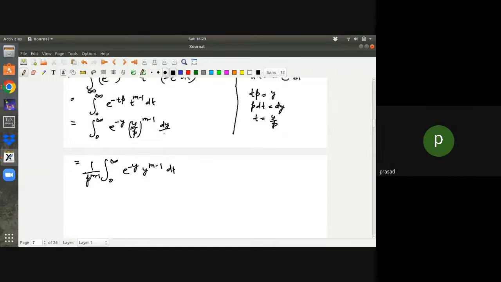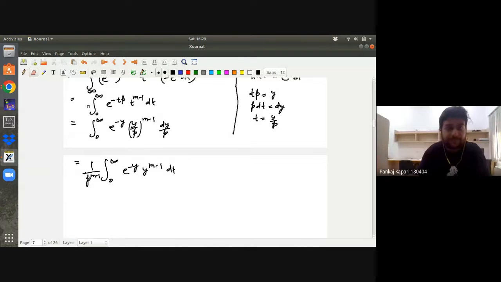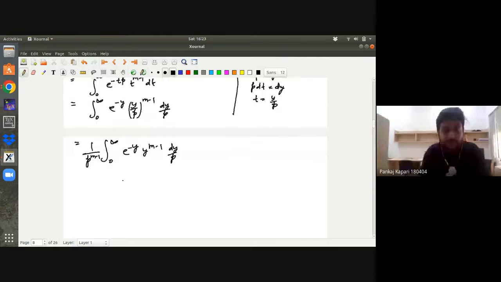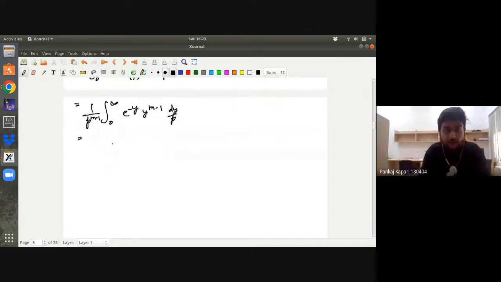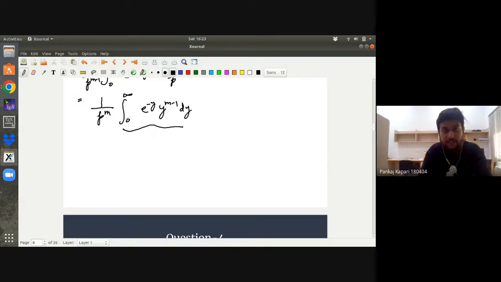This is dy by p. Now we can take p outside, so this is p to the power m integral from 0 to infinity e to the power minus y and y to the power m minus 1 dy. Now you can see that this integral is our gamma function, so we can write this as gamma of m divided by p to the power m.